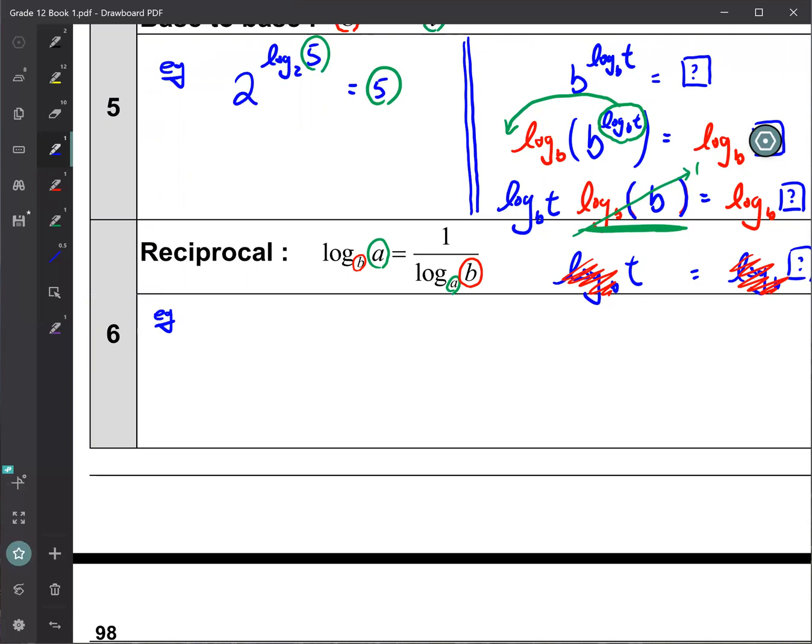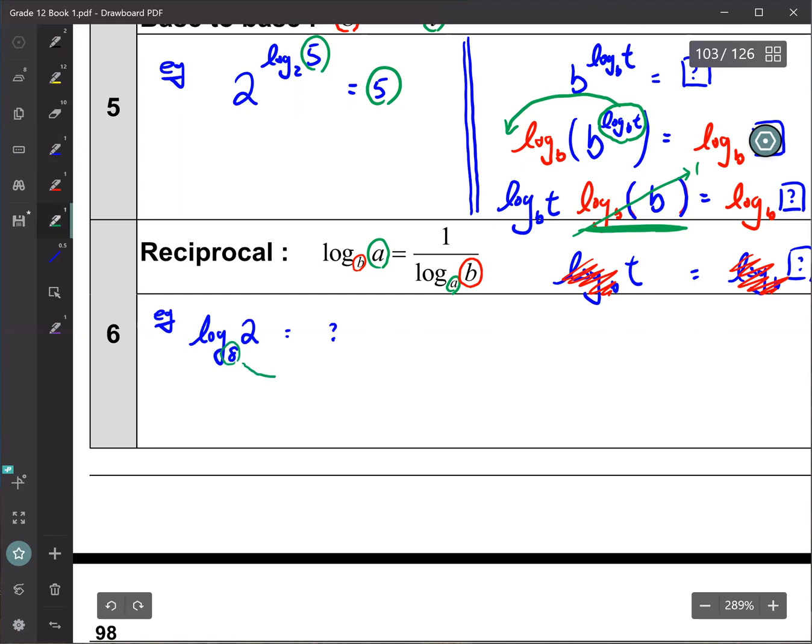All right, so let's also look at an example, and then we could take a look at how this can be applied. For example, if I have log base 8 of 2, if I want to find out what this equals, of course, you can do counterclockwise: 8 to something equals 2. 8 to what exponent can become 2?